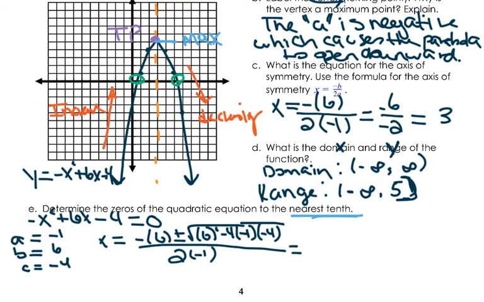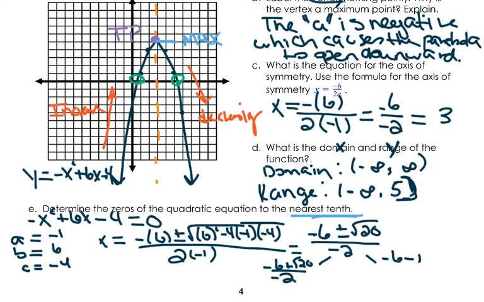And then that will give us, remember we do everything under the radical first. So under it, negative 6 plus or minus square root of 20 divided by negative 2. And if I split these up, I would have negative 6 plus radical 20 over negative 2, negative 6 minus radical 20 over negative 2.